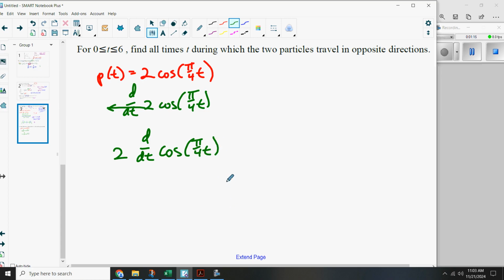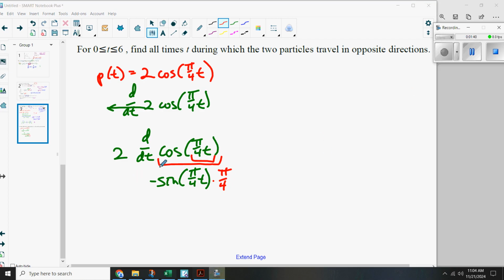Well, the derivative of cosine is negative sine, and that would be sine of pi over 4 t. That's the derivative of the outside, and I have to multiply that times the derivative of the inside, which is simply pi over 4.